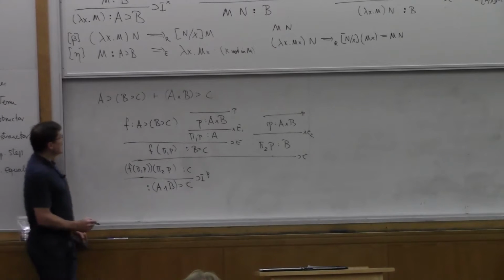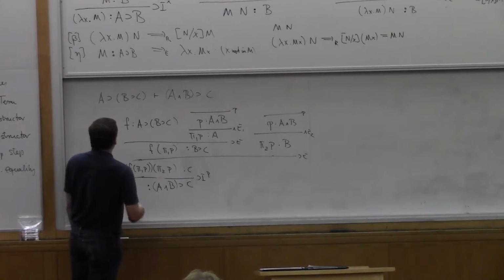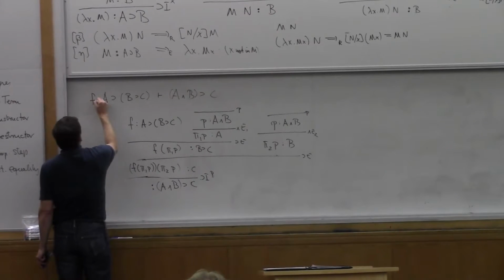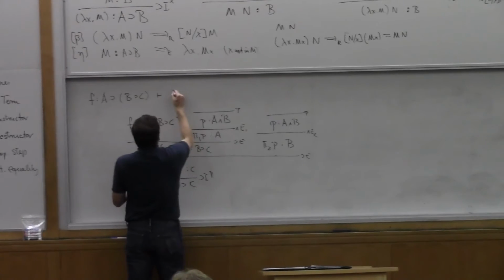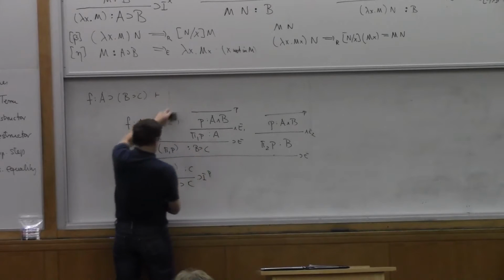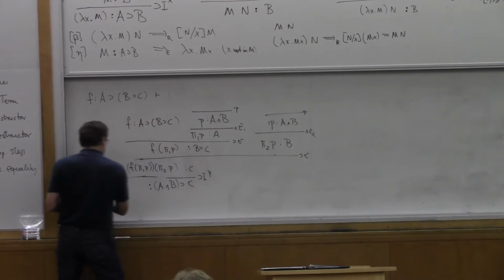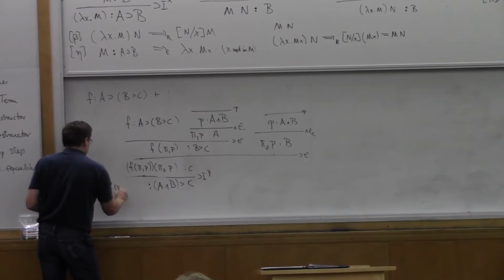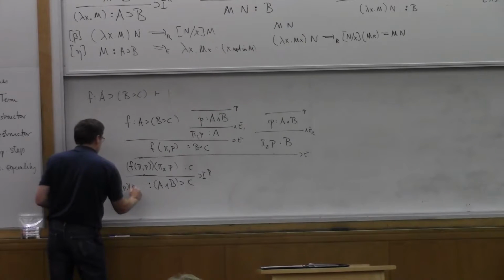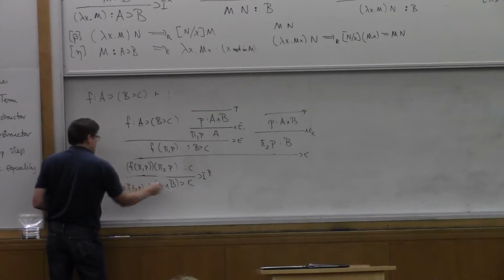Okay. So if I want to be quick about it, I would say if f has this type, then f of, no. Oh, I forgot the last step. The last step says this is lambda p, f of pi 1 of p, pi 2 of p is a proof of that, right?